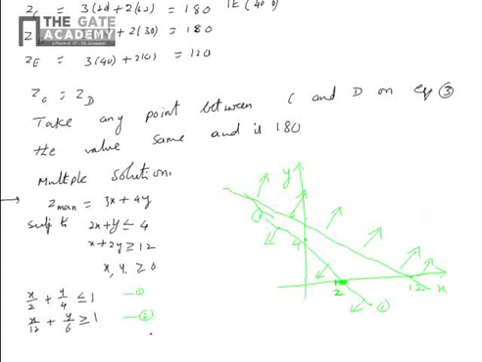They are meeting somewhere in the negative, second quadrant. We need positive values, so x and y have to be greater than or equal to 0. So in the first quadrant they are not intersecting. The intersect region in the first quadrant is null, so that's why it is an infeasible solution.